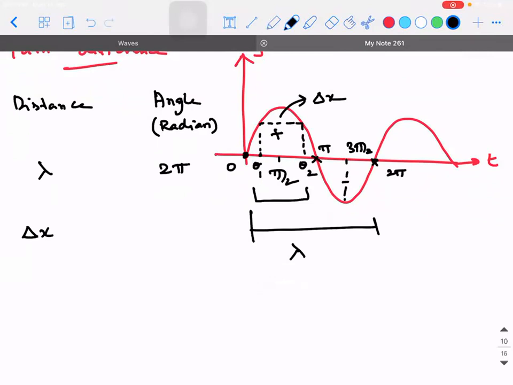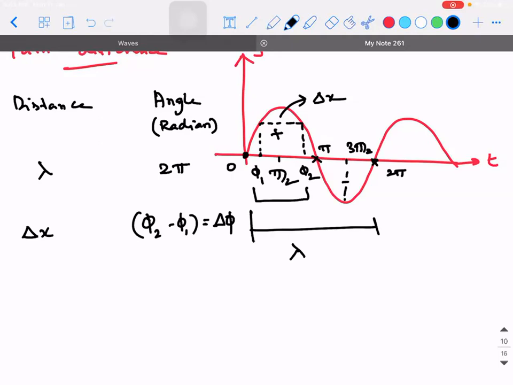How much is it? Theta 2 minus theta 1. Okay, I'll take it as phi. Phi 2 minus phi 1. Can I call this delta phi? Because in physics and math, delta means difference. Delta phi.